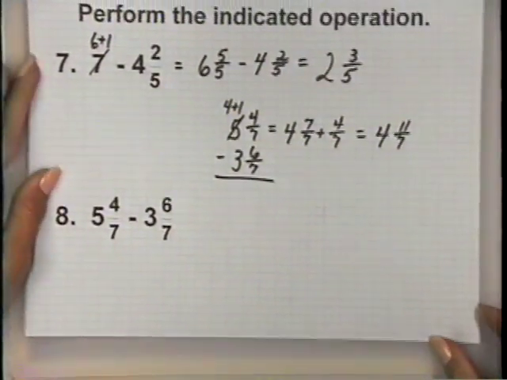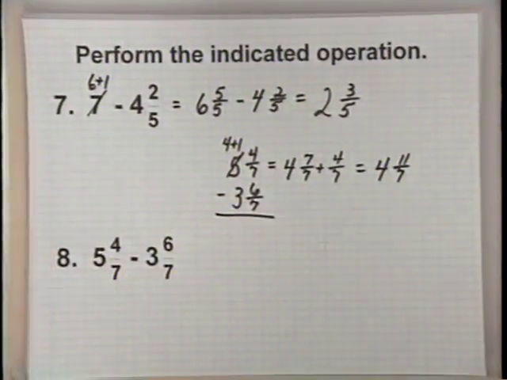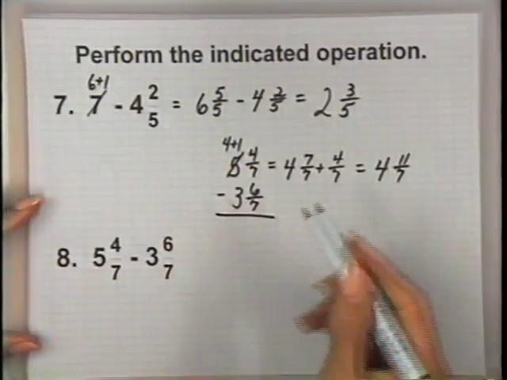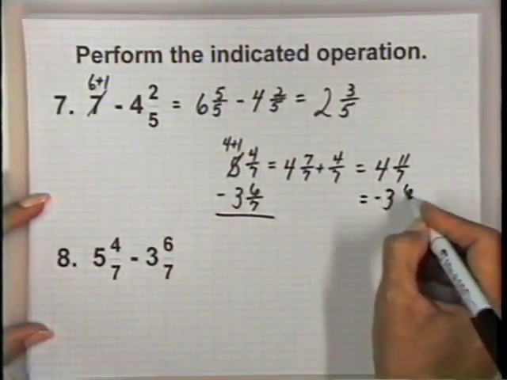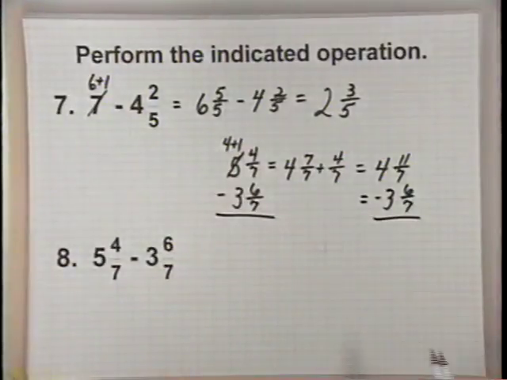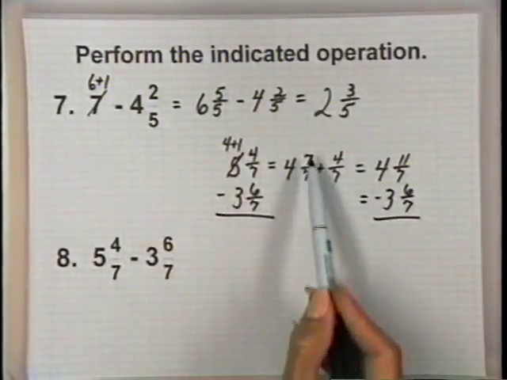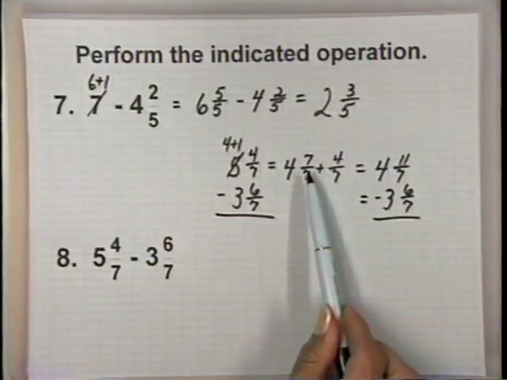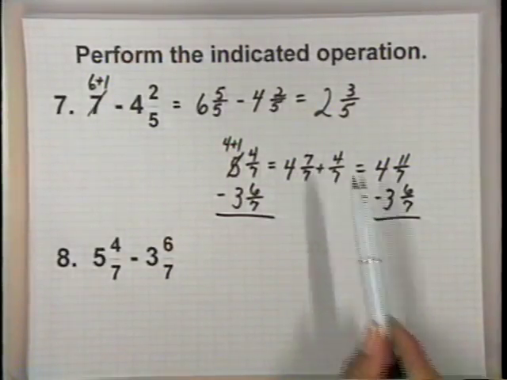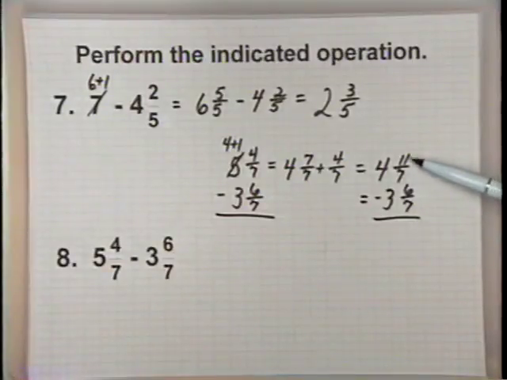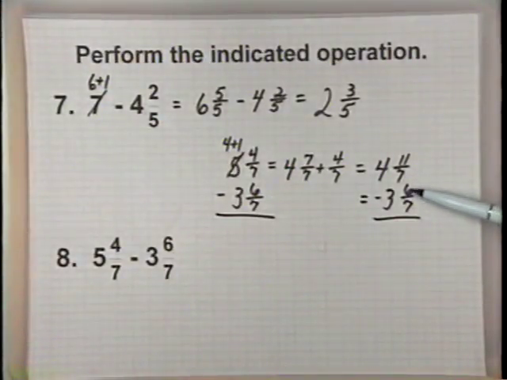Let's see here. We now have 4 and 11 sevenths. We want to subtract from that 3 and 6 sevenths. Notice by borrowing the 1 and rewriting it and adding the 1 as 7 sevenths to our fraction 4 sevenths, now our fractional part in our first mixed number is greater than the fractional part in our second mixed number.